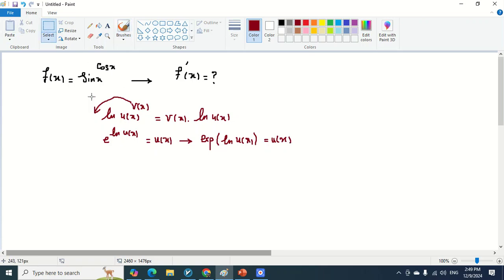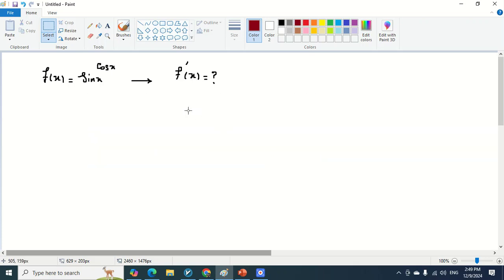Let us take a look at this example and see how we can calculate the derivative of the given function. Let me name this f of x as y to avoid any problems in the complicated cases.